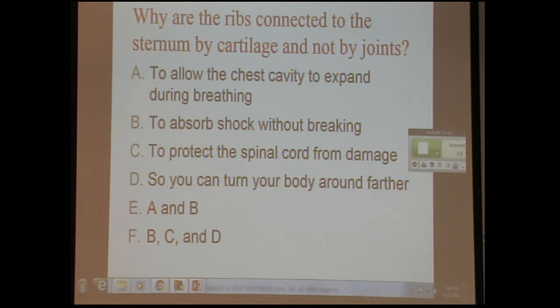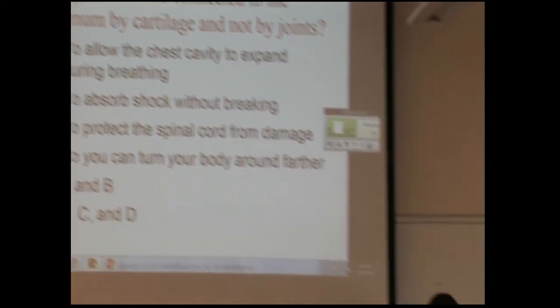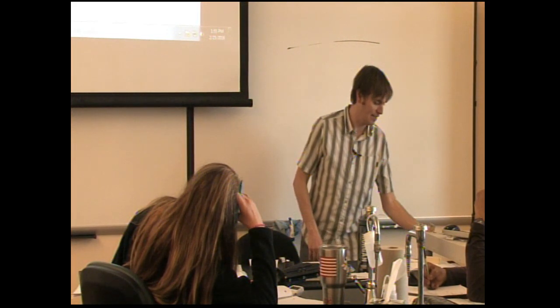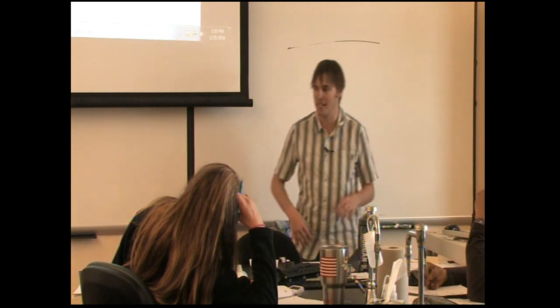So the only reason you have it there is so if you get any kind of shock to your ribs, to your breastbone, to your back, that shock can be absorbed by the cartilage, because that's the function of cartilage. So you can still break ribs, and that's another mechanism, because the whole point of this rib cage is to protect your heart and your lungs, right?